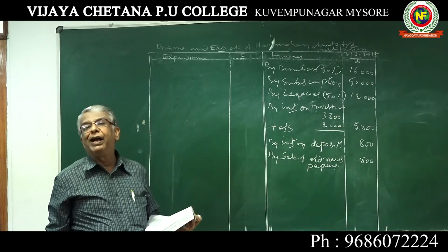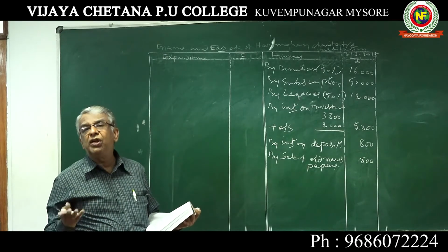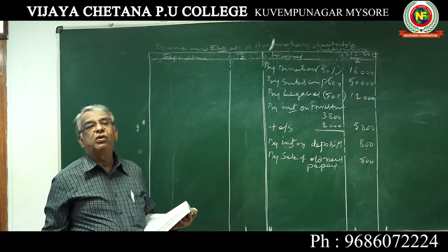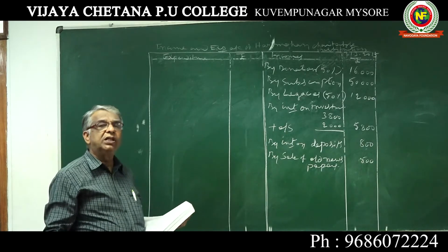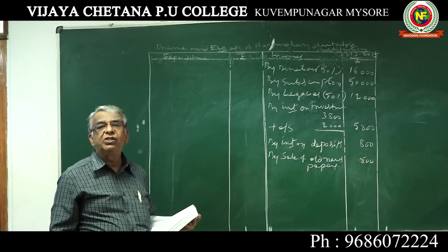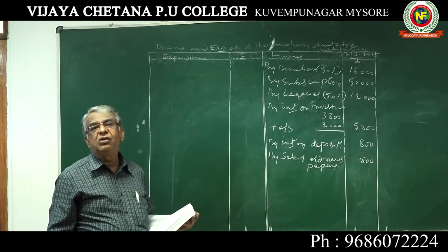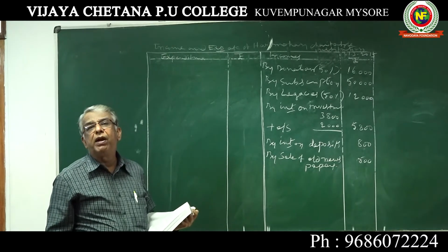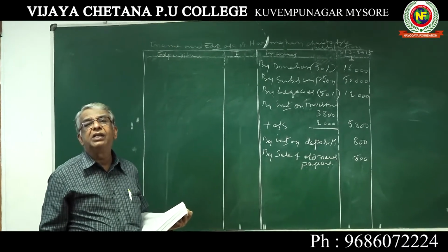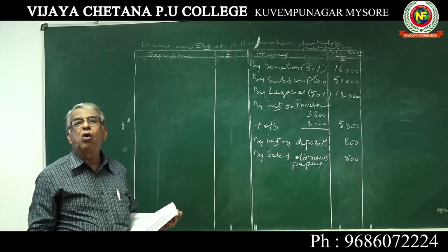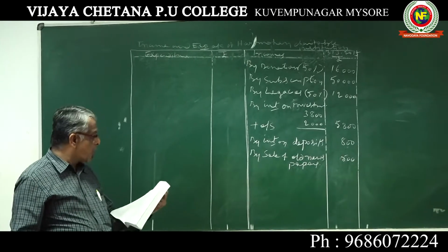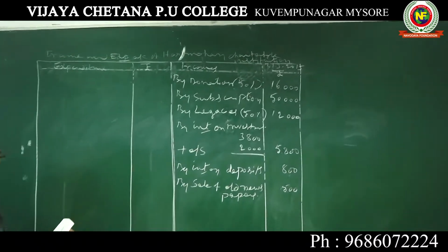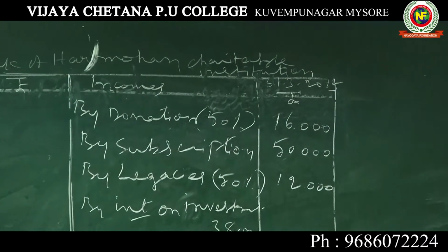And investments. Investment is also a capital item. Suppose they have purchased shares of other companies or government bonds. That is considered as investments. That should not be taken in the income and expenditure account. And then advance for building, that also should not be taken.